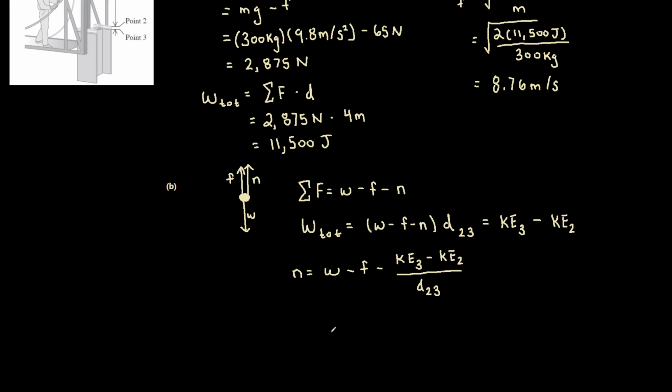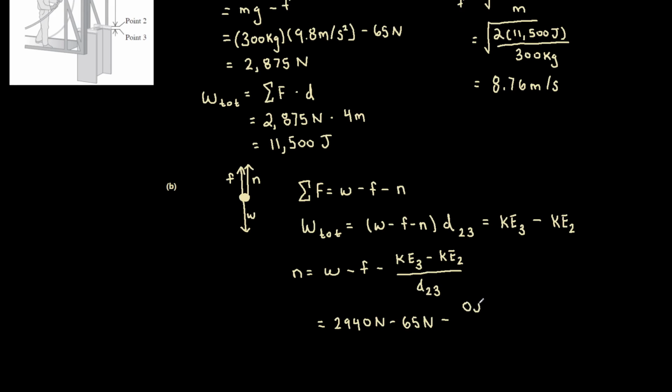So the normal force is going to equal the weight, which is 2,940 newtons, minus the friction force, which is 65 newtons, minus the final kinetic energy, which is 0 because the hammerhead and the I-beam are at rest.